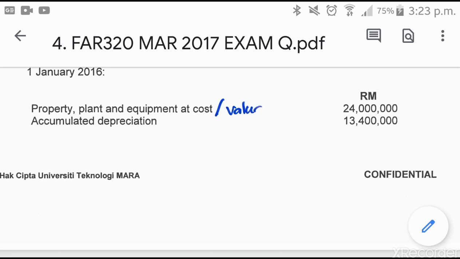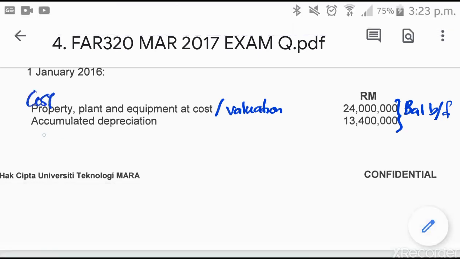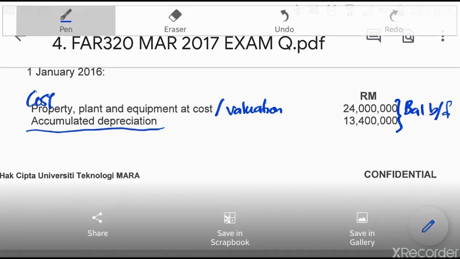Sometimes it can be at valuation as well. So this is your balance brought forward. One is for the cost. Another one is the accumulated depreciation. Okay, so that one will be put in your beginning balance, or the balance brought forward for your PPE, which is cost and accumulated depreciation.